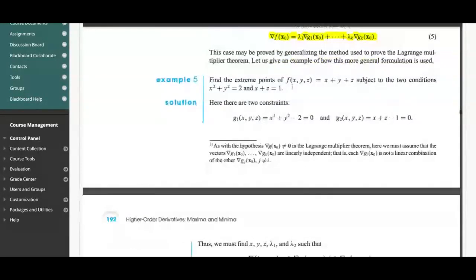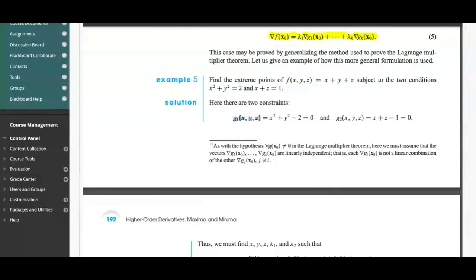So gradient f is 1, 1, 1. Gradient g1 is 2x, 2y, right? There's no z, so z is just 0. And gradient g2 is 1, 0, 1. Right?